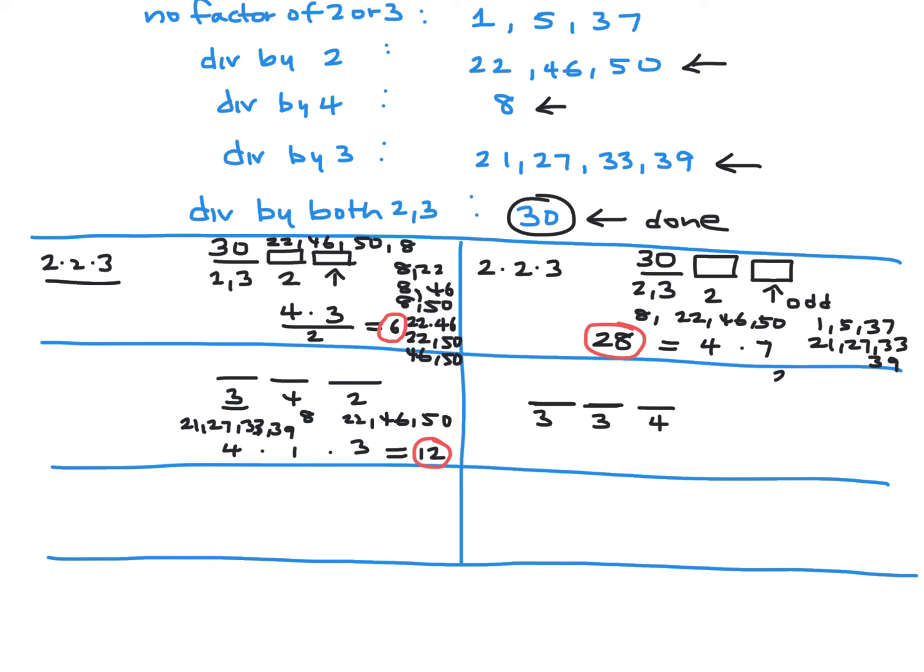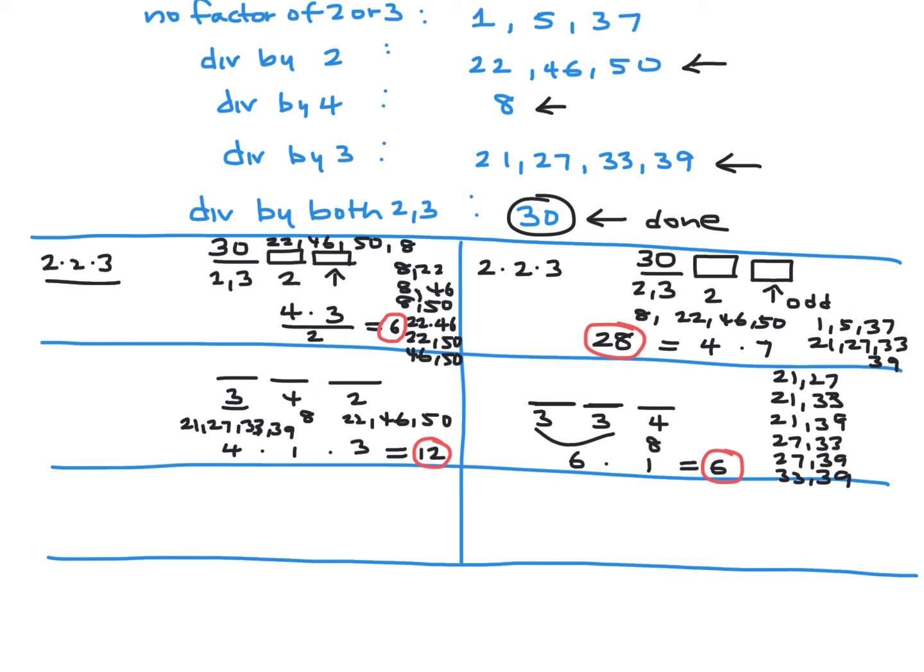There could be either 21 and 27, 21 and 33, 21 and 39, 27 and 33, 27 and 39, or 33 and 39. So there are 6 of those. And then a number that's divisible by 4, well, there's only one of those, and that's the 8. So 6 times 1 is 6. So 6 numbers that fit that criteria.